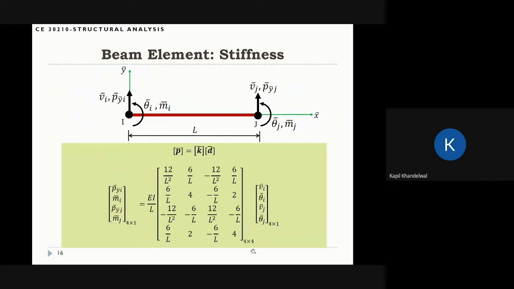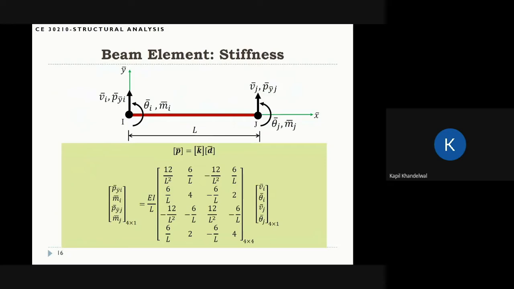And this is the stiffness matrix we derived. We derived the stiffness matrix by solving the differential equation of the system. And this gives us the 4 forces, Pyi, Mi, Pyj, Mj. And these are the positive directions of these forces and displacements. So this is the stiffness matrix that you should use if there are no axial effects on the beam.